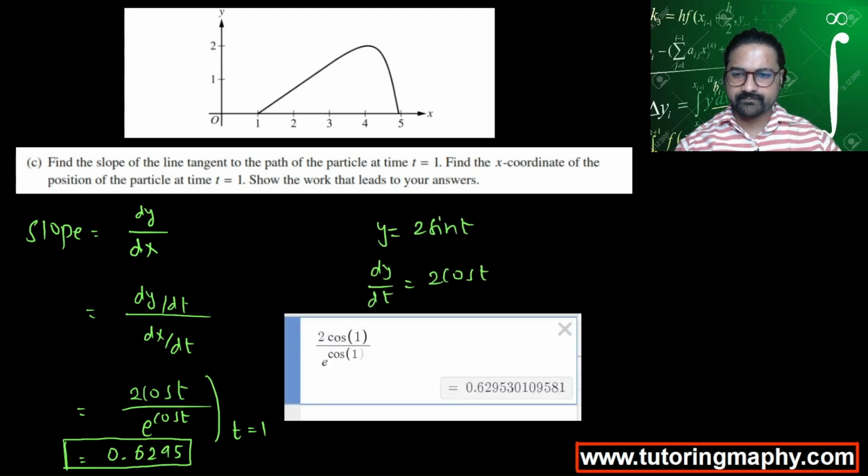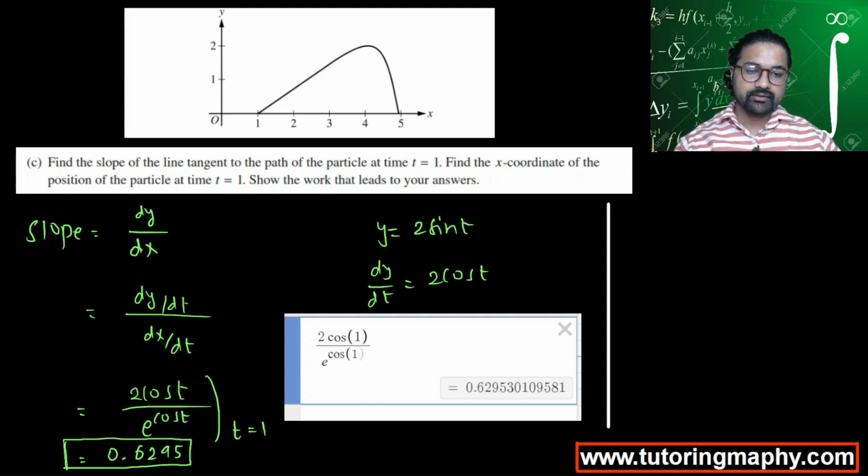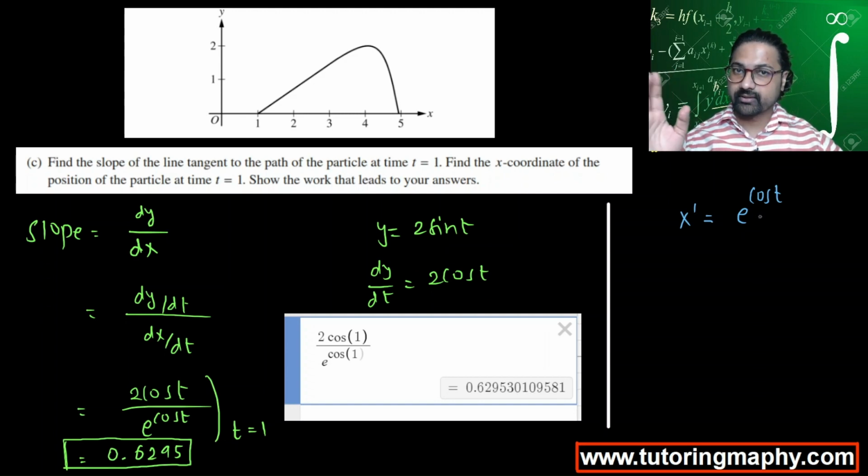If you want to find the value of the x coordinate, remember that we are not given the function of x, we are only given the derivative. X prime is e raised to cos t. So we can take the antiderivative on both sides from 0 to 1.